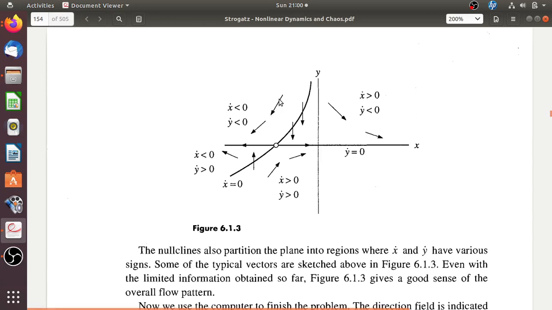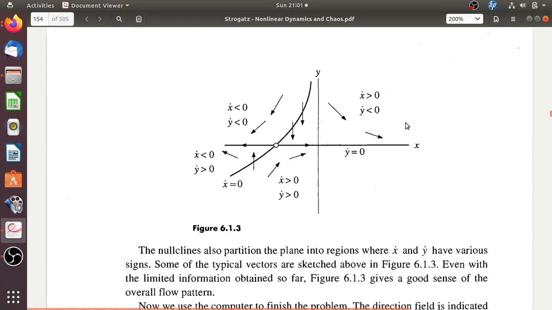In order to know that, we have to substitute in that equation, but we are not going to do that. Qualitatively we can understand that it will have the direction like this, and similarly this region is going to have the direction like this, and this is going to have the direction like this, and this is going to have the direction like this.